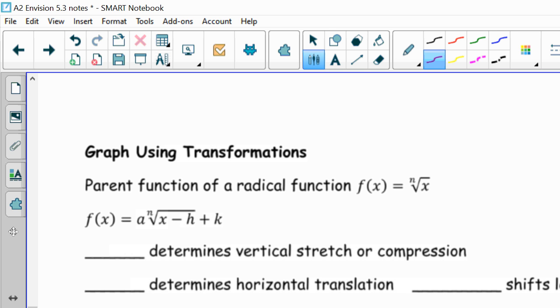All of our transformations, exactly like what we've had before. Okay, that a out in front. So a times the nth root of x minus h, all of that plus k. Okay. The a determines whether it's a vertical stretch or compression. Remember that the absolute value, okay, so if the absolute value is between 0 and 1, it's a vertical compression this time with radicals.